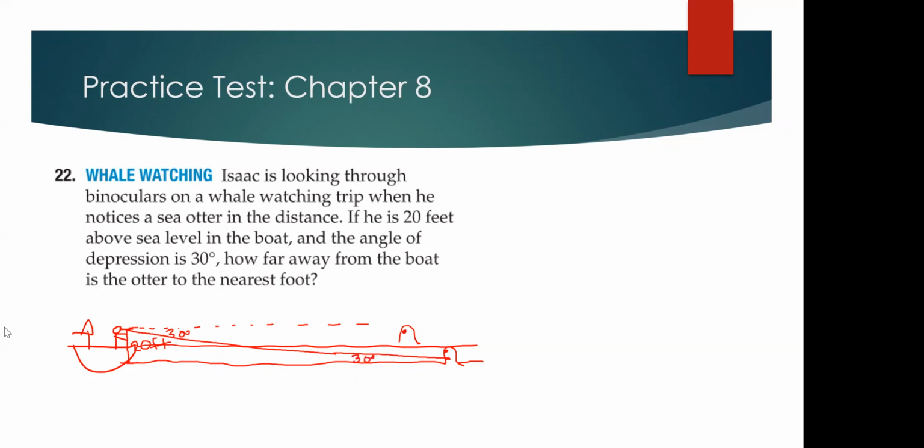Then we have the opposite, the 20 feet, and it's asking how far away from the boat is the sea otter, so the distance from here to the boat. So opposite over adjacent is equal to tangent. We need the tangent of 30 degrees, and the opposite is equal to 20, and the adjacent is equal to x.